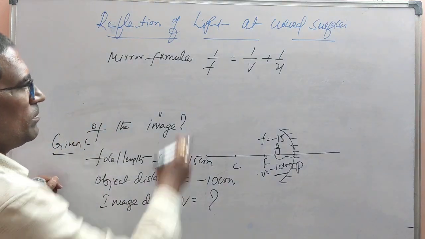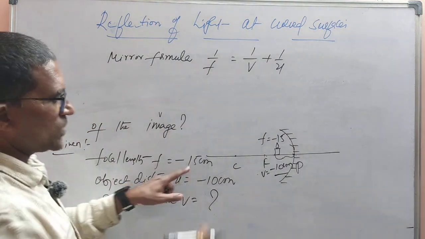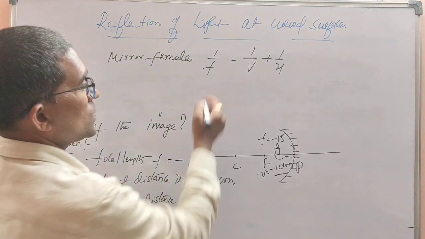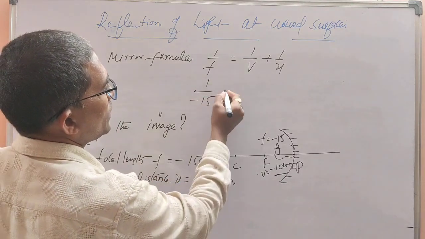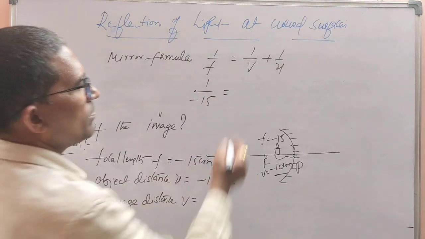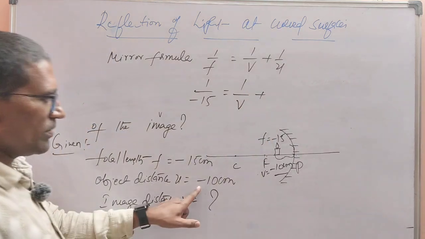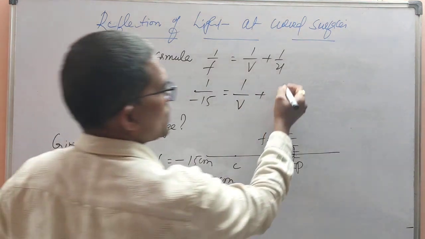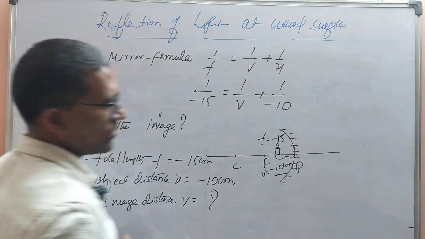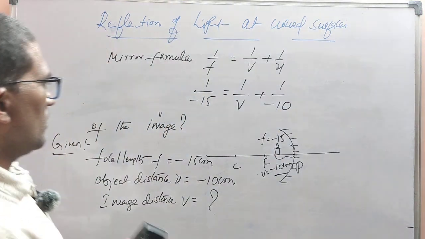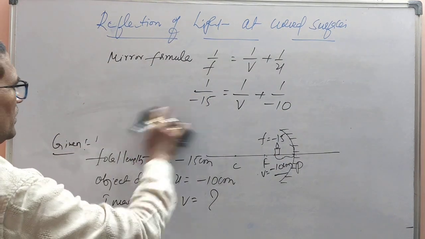Now 1 by f is how much? That is minus 15 centimeter, so 1 by minus 15 is equal to 1 by v, where v is the image distance we have to find out, plus u, which is minus 10, so 1 by minus 10. Okay, now I will rub this. Please copy.